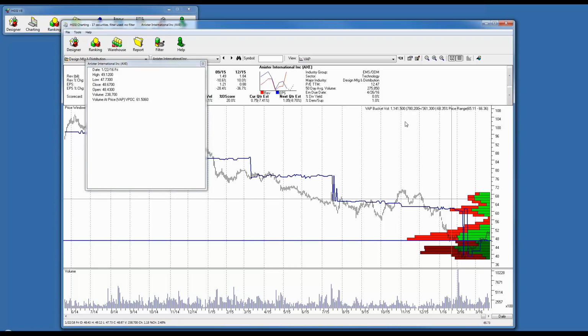In this case, for this particular bucket, the total volume, that's the green plus the red, is 1.1 million. The green volume is 780,000 and the red volume is 361,000, and it's 68% green in this bucket right here.